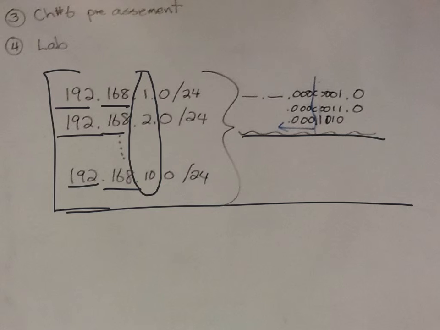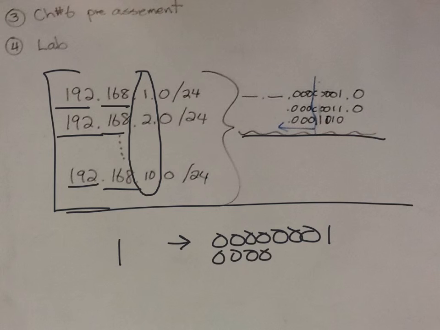If you're going to write this one out, 1 in binary would be 1, 2, 3, 4, 5, 6, 7, 8. And then 2, and then we have some others in between here, and we went all the way down to 10.